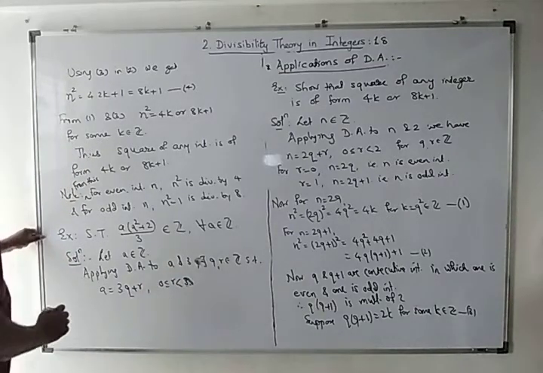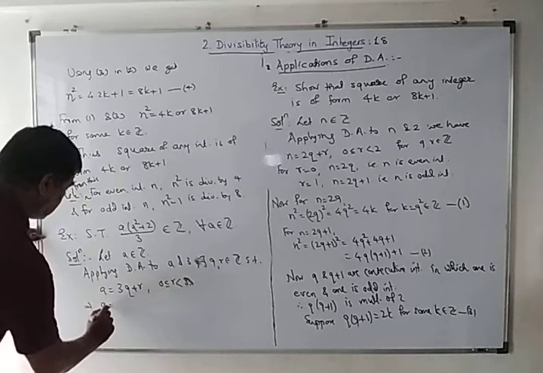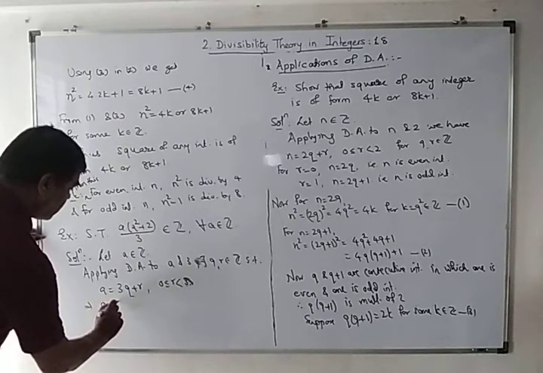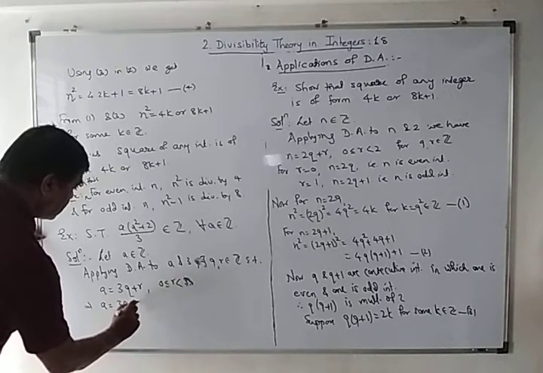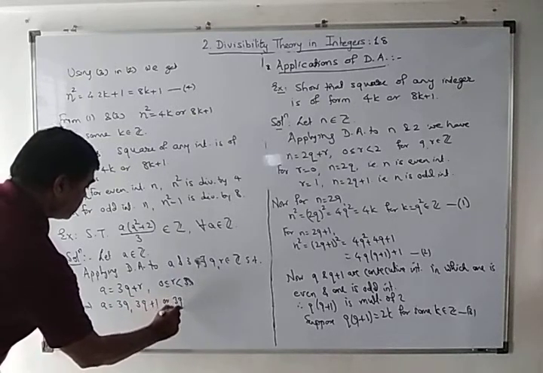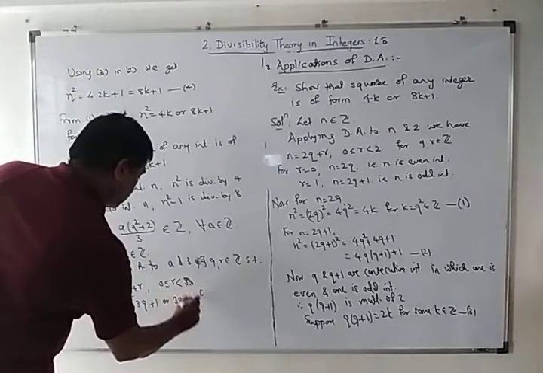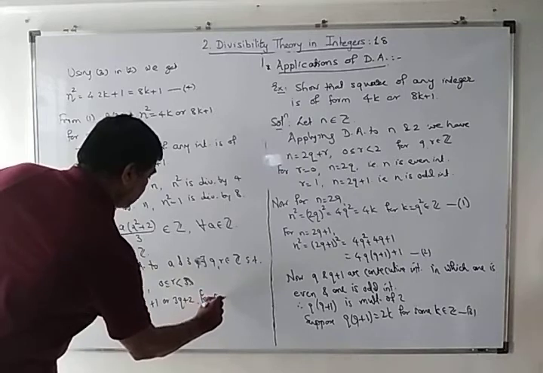Okay. Therefore, this implies a is equal to 3q, 3q plus 1, or 3q plus 2 for some q belongs to Z.